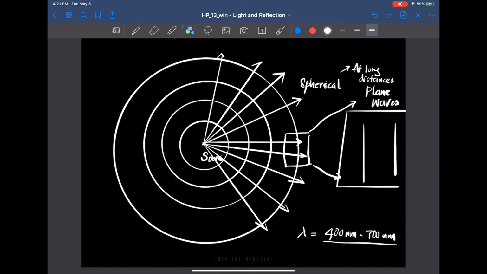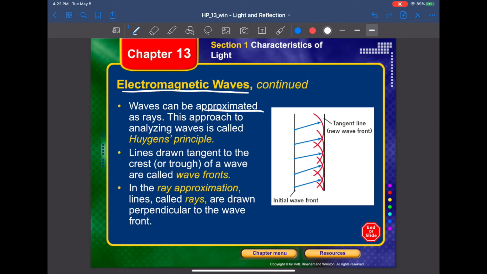Now when you take these rays and approximate them into the entire plane, what you notice is that they are nearly parallel to each other. They are not exactly parallel, but when you expand the wave to a really large scale, you notice that it becomes straight lines. This here is called the Huygens wave approximation.